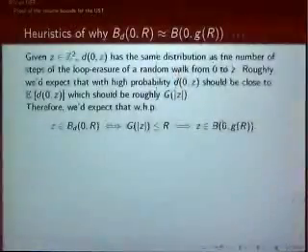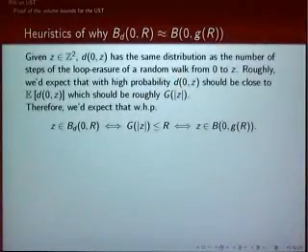Let's fix some z. We want to look at the distance from 0 to z. That's just the number of steps of the loop-erased random walk from 0 to z. Roughly, we'd expect that with high probability, d(0,z) should be close to its mean. One can always hope that a random variable will be close to its mean with high probability.